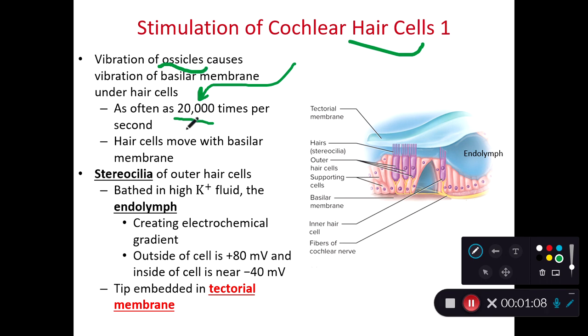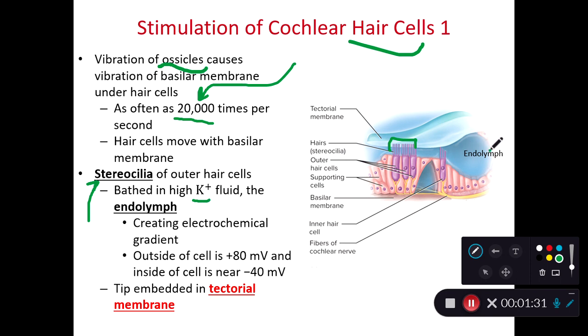And as the basilar membrane within the cochlea is vibrating, it's going to cause some hair cells to move. Some of those hair cells are referred to as the stereocilia if they are the outer hair cells. And they have a very high potassium fluid that bathes them. This fluid that has lots of potassium ions is referred to as the endolymph.